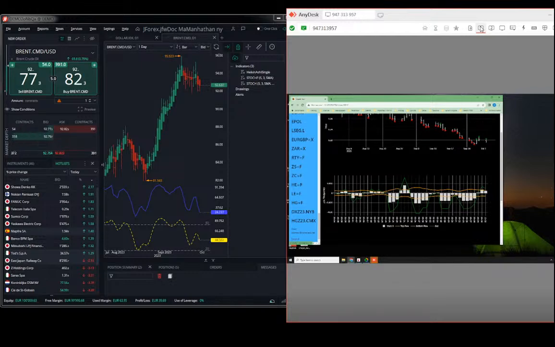BZ equals F. Yeah, that's the Brent. BZ equals F. So what are we having a malfunction for here? BZ equals F. Maybe it's expiring. Maybe that's what the problem is. It should be that one right there.